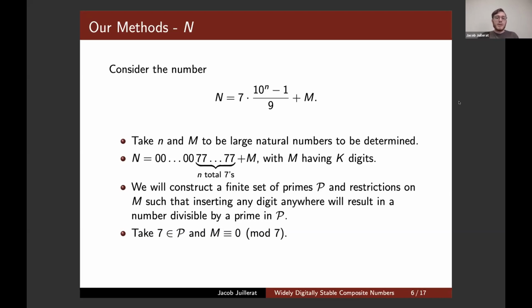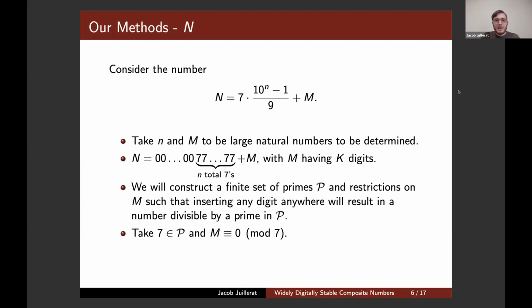But also, if we insert a 0 or 7 into the leading zeros, it will remain divisible by 7. And if we insert a 0 or 7 into the leading sevens, it will also remain divisible by 7. So we've kind of taken care of inserting a 0 or 7 everywhere except for the digits that are affected by this M. And we'll get to the M later.